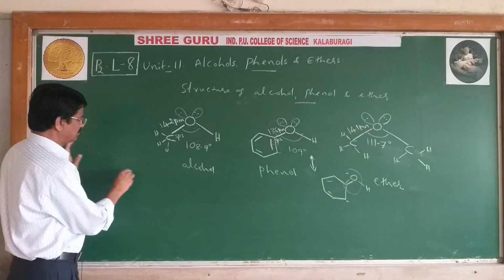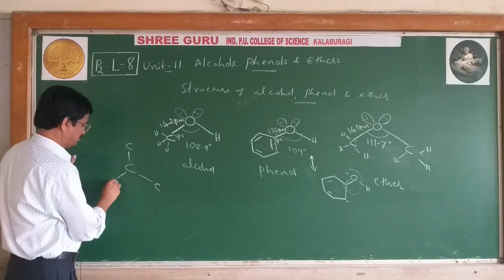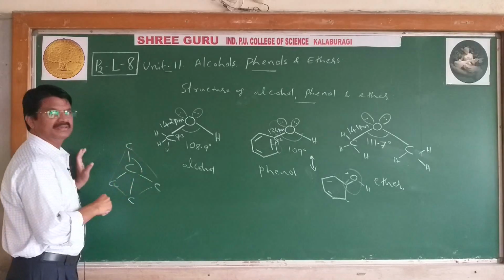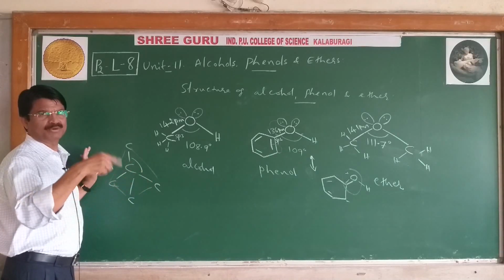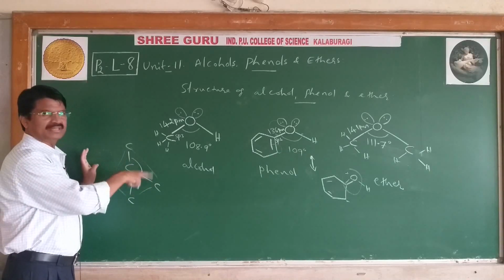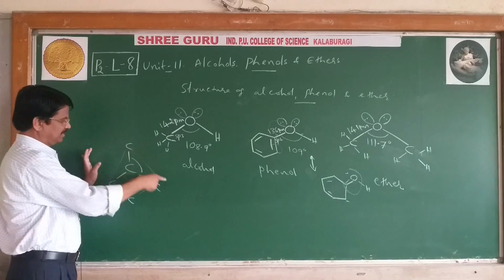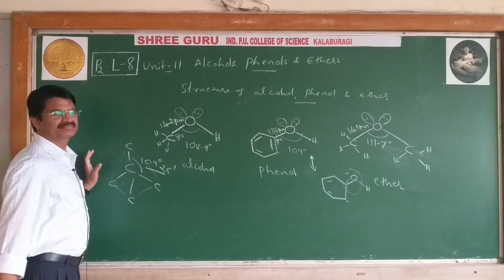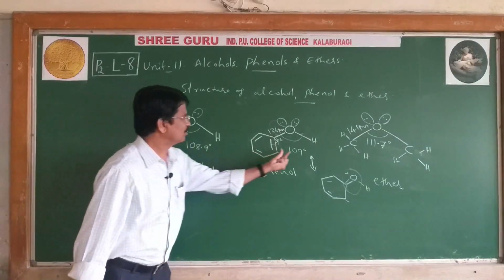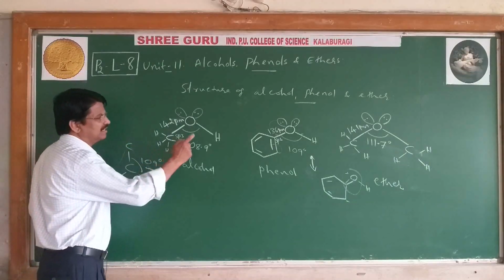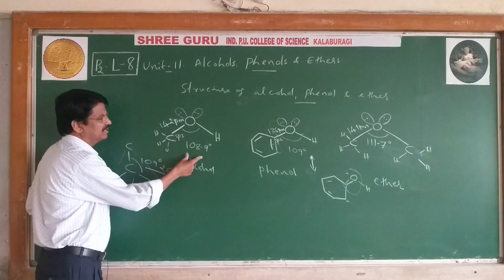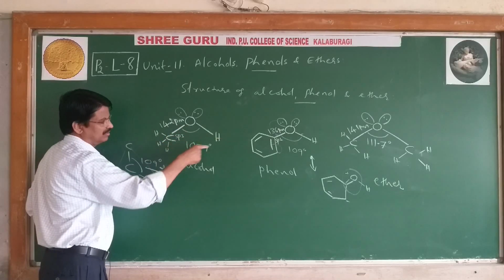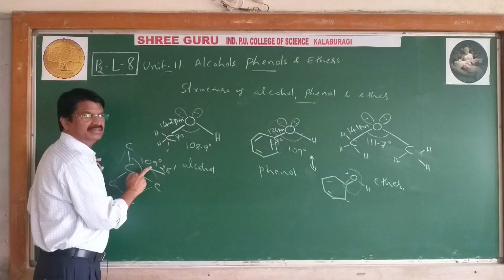Actually, tetrahedral angle, like single bonded atoms, usually in the carbon or alkanes, is 109 degree 28 minutes. Here almost equal to 109, but slightly less value. The bond angle in alcohol and phenol is slightly less than tetrahedral angle.